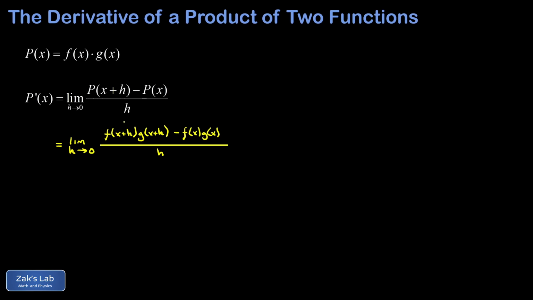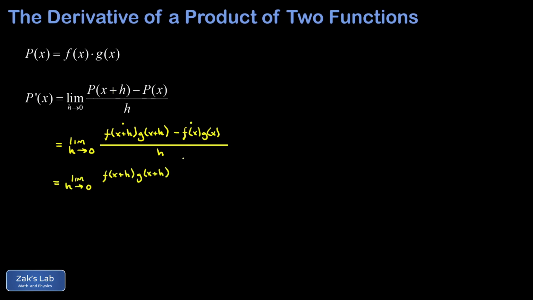So if I just focus on f first, I have an f of x plus h over here, but it's attached to a g of x plus h. And our f of x is attached to a g of x. So I can't factor and find f of x plus h minus f of x. What I need to do is actually throw a new term into the numerator that's going to make it so I can factor and find the difference I need to recognize the derivative of f.